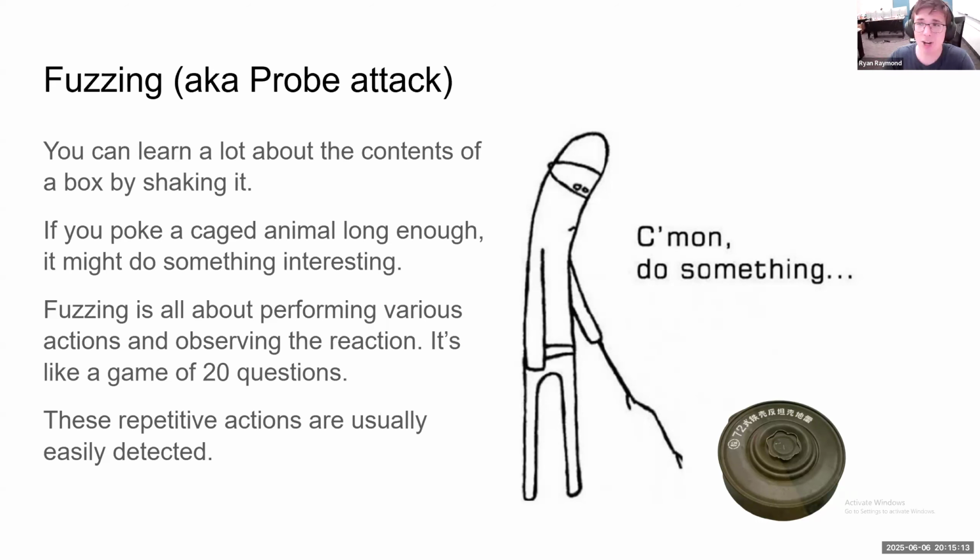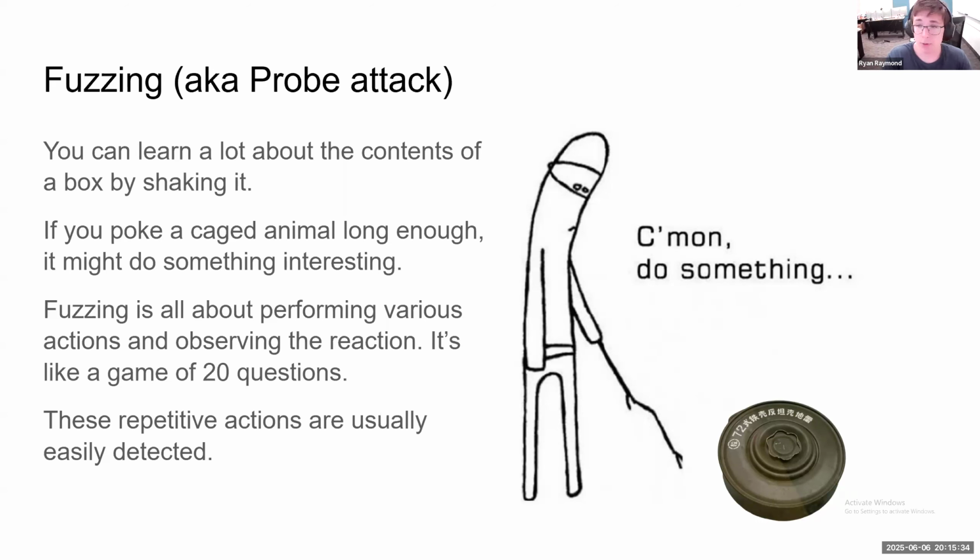So you might shake it. When you shake a box, you're performing a stochastic process where you're just randomly adding entropy to the system to see how it reacts. And you could also say if you want to know something about an animal in a cage, you should poke it and see what it does.